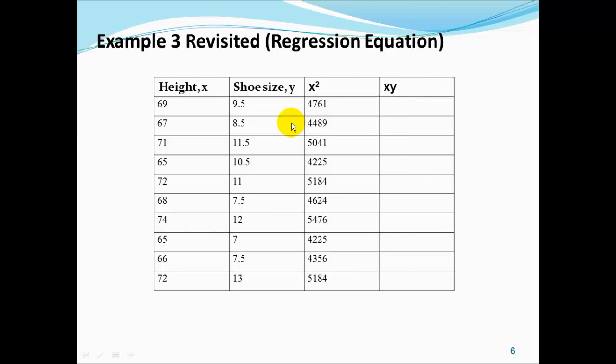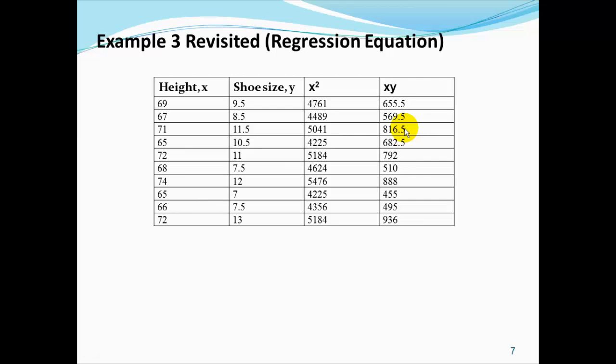And in the second row, we would say 67 times 8.5 and place the value here. We should do this for all of our rows. If we do this, your last column should contain these values. For example, 69 times 9.5 is 655.5.